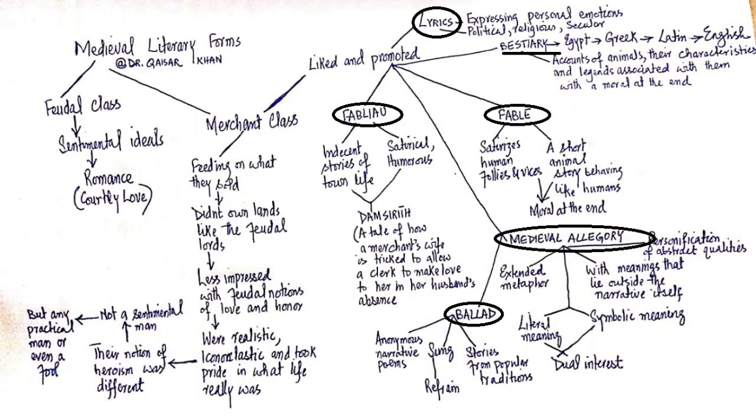important, also. We start with medieval allegory, and in the mind map, you can see it toward the right of the map, encircled. Please be careful in understanding the concept of allegory at this point of time.